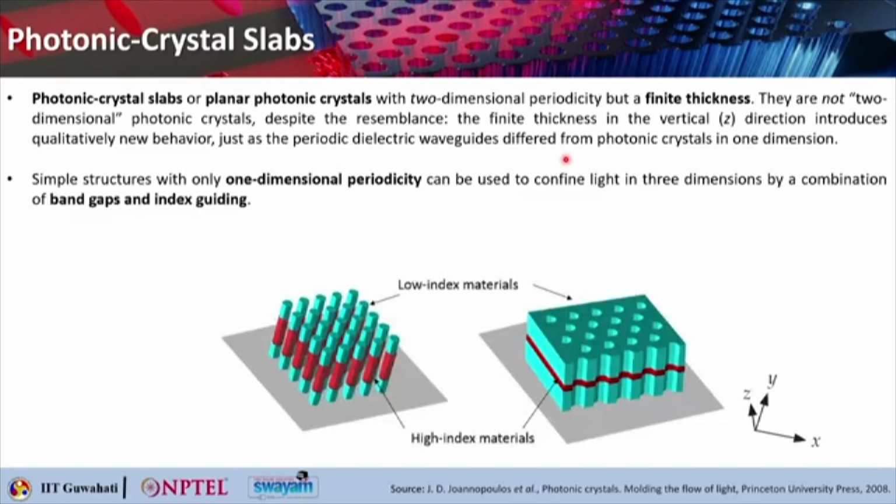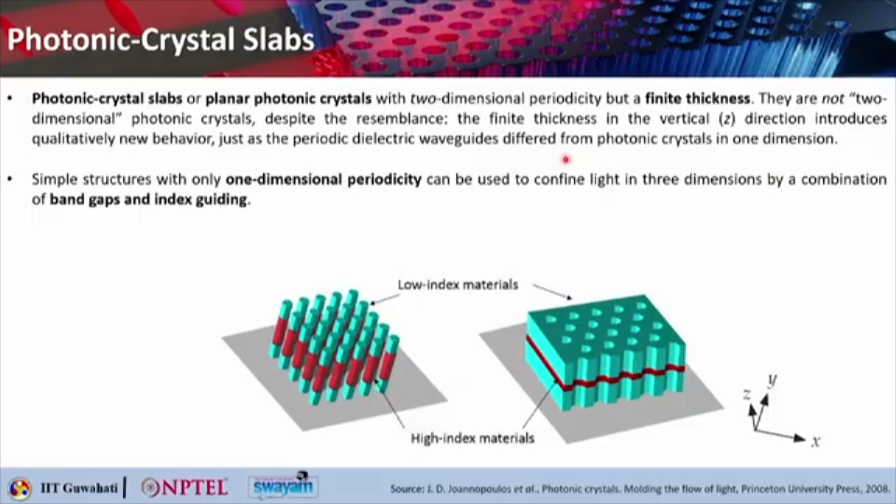So whether it is one-dimensional periodicity or two-dimensional periodicity, you require a new concept to confine light in 3 dimensions. That has to come from the combination of band gap and index guiding. Laterally you can restrict the light flow using photonic band gaps, and in the vertical dimension, where you have finite thickness, you have to rely on index guiding.